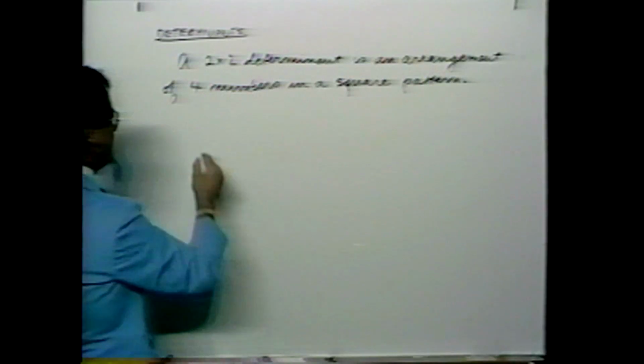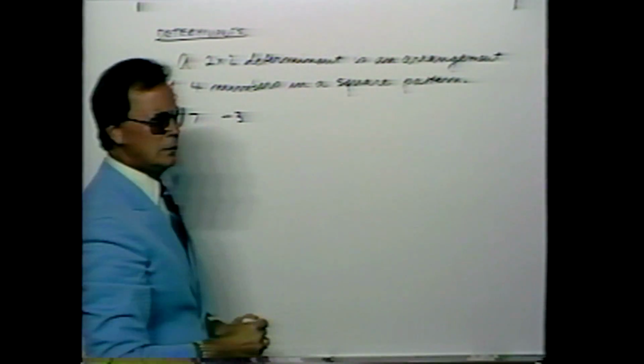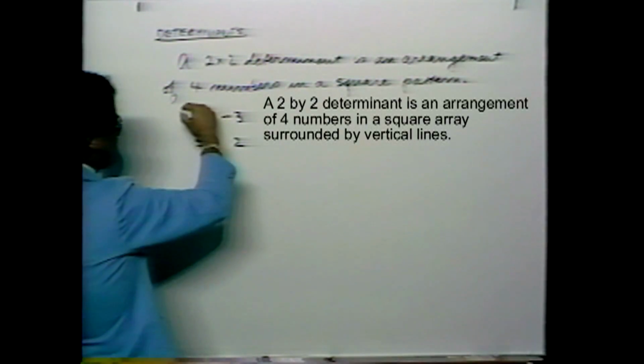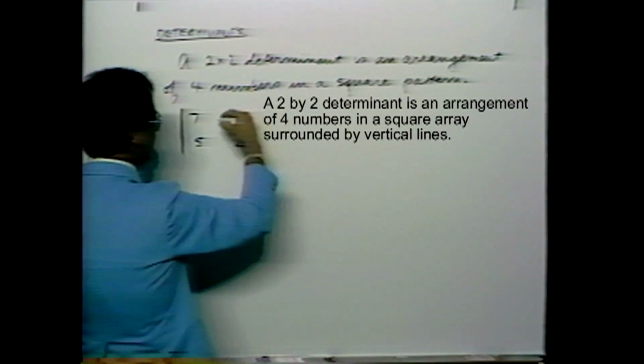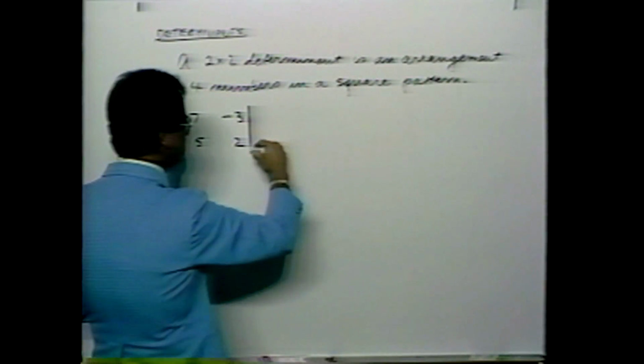Such as 7, -3, 5, and 2. We place vertical lines around this square arrangement of 4 numbers.